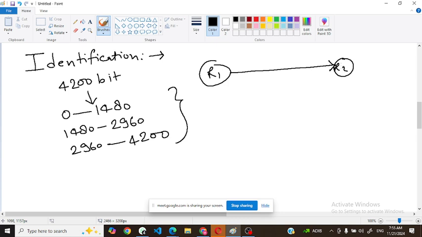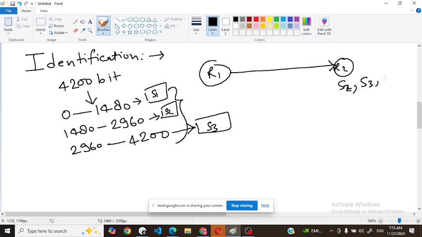It may be possible that this is segment 1, this is segment 2, and this is fragment 3. Suppose S2 is reaching first, then S3 is reaching R2, then S1 is reaching.